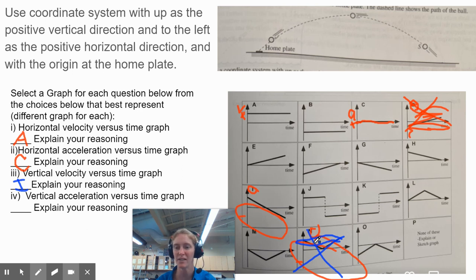Now we need to explain your reasoning. So for explaining your reasoning, oh, sorry. We just did that. I meant vertical acceleration versus time graph. Okay, vertical acceleration, what is it doing? Type in the chat, but don't hit enter.